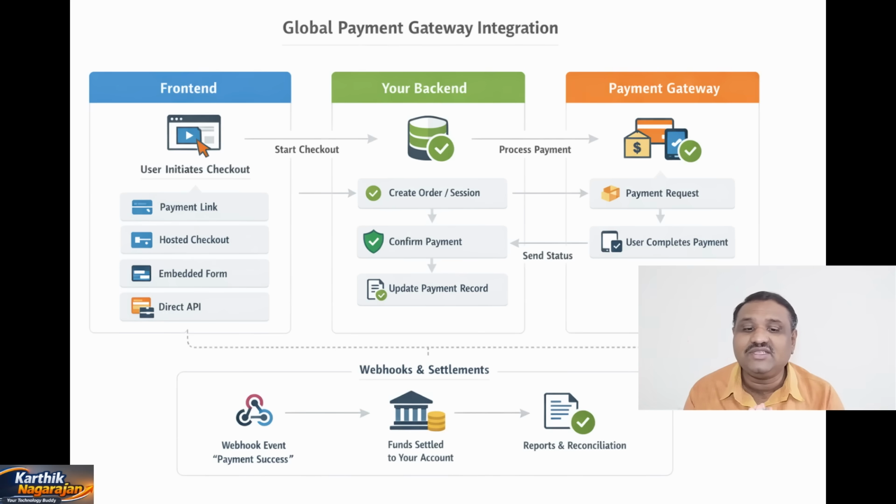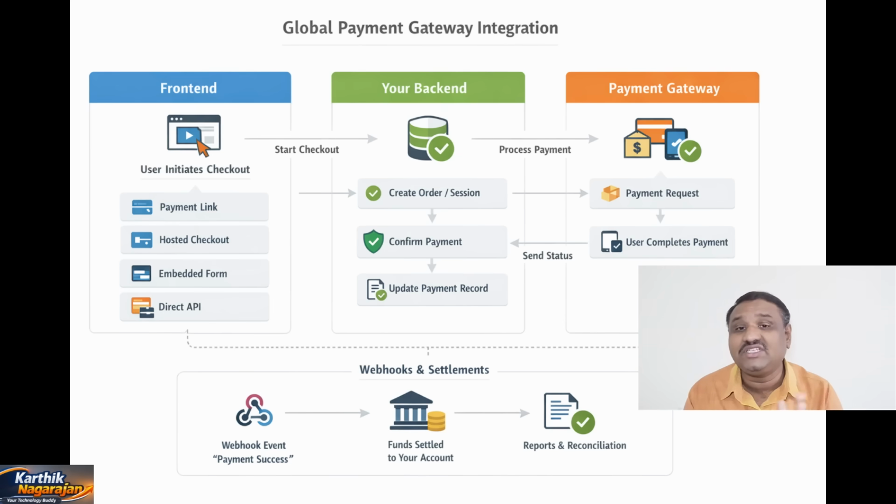The customer completes the payment and sees a message on the screen that the payment is successful or failed. At the same time, the payment company sends a secret confirmation message directly to your server to tell you what actually happened with that payment. Your server receives this confirmation and updates the payment status from pending to paid or failed, and only at this moment does your system believe the payment is real.